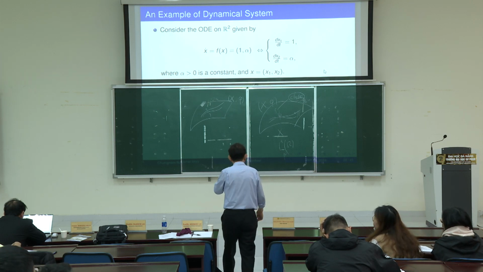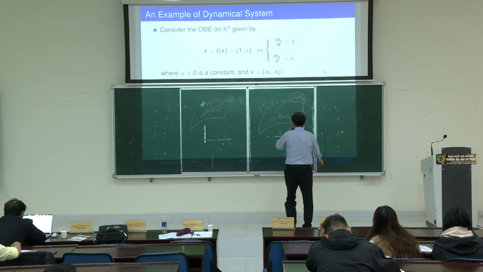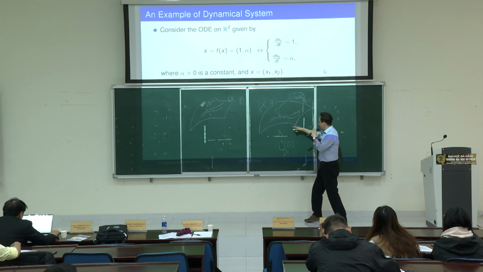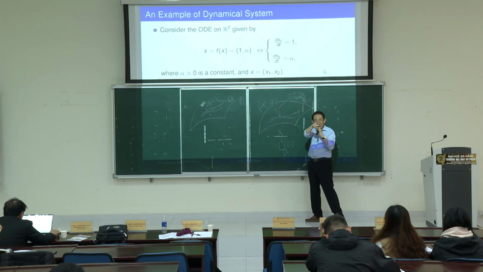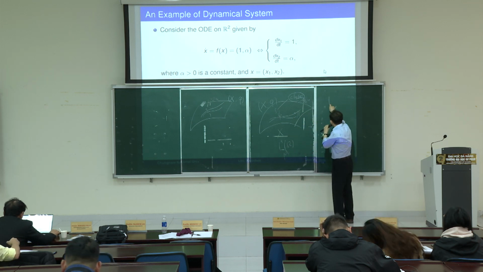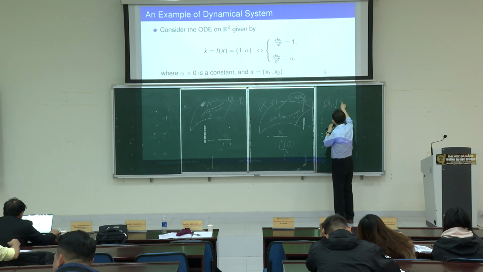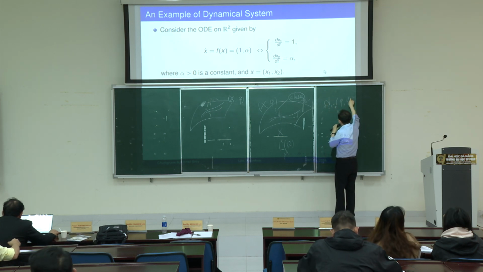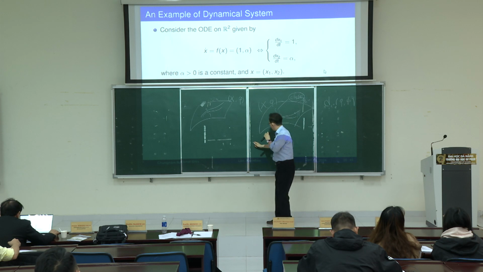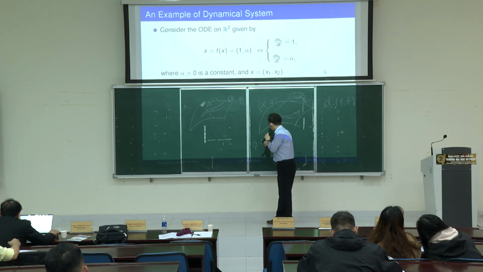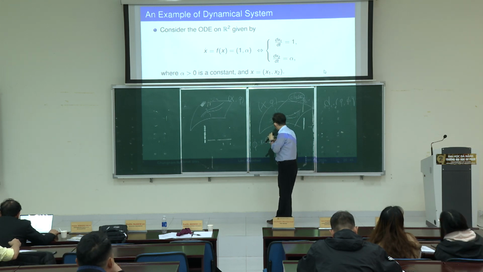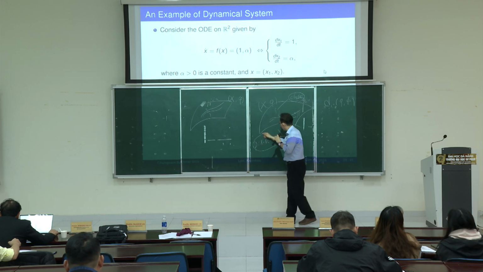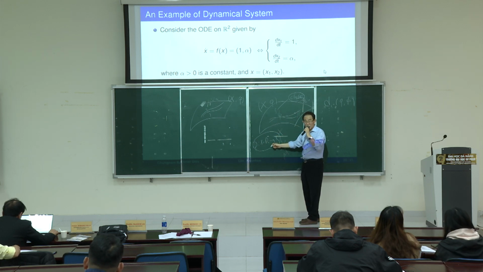For example, X is a topological space. You already know topological spaces. So let phi and psi be flows, where the flow is a function from X times R to X. This is a dynamical system.